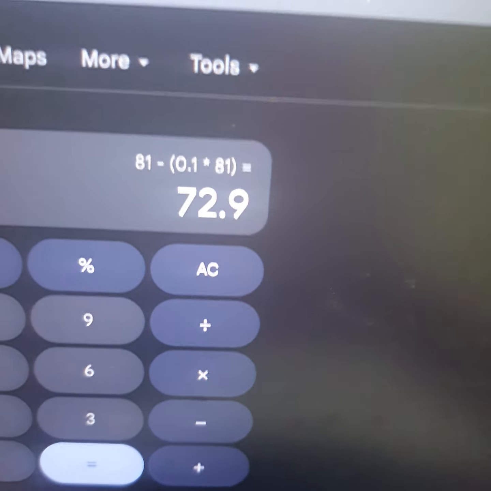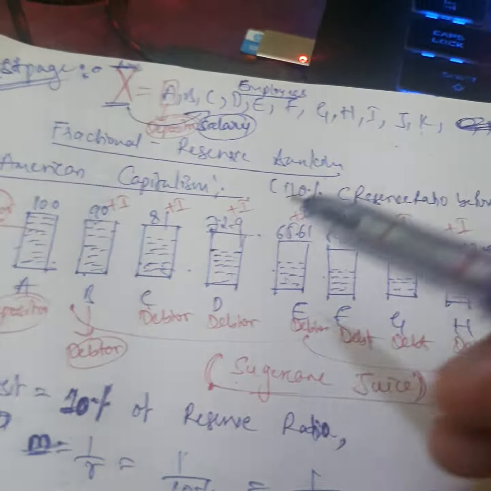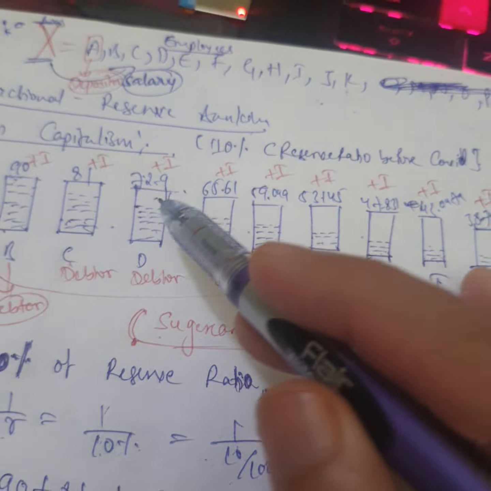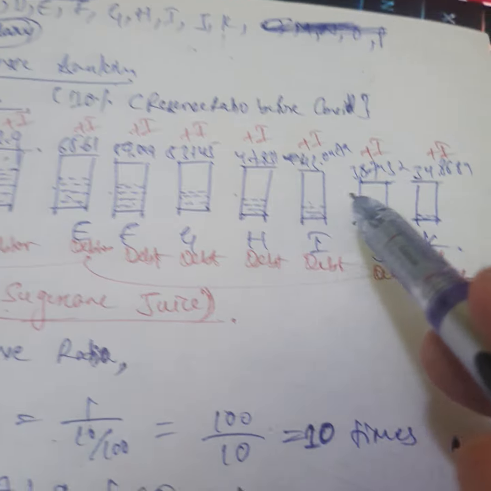Am I right or wrong? Here is the answer. So like this, if you go on doing this, you'll get these values.